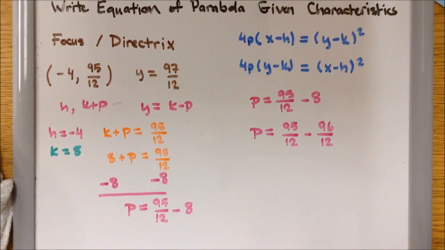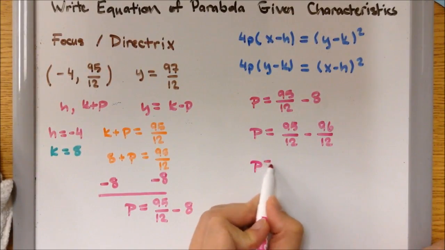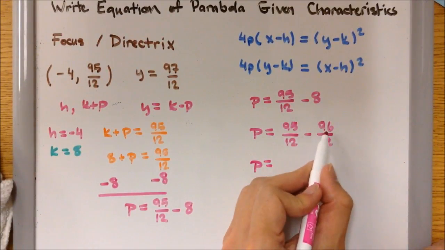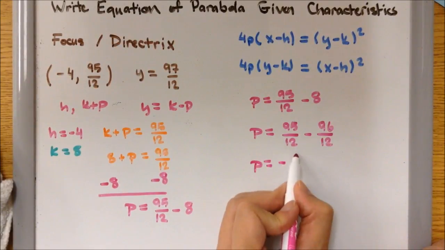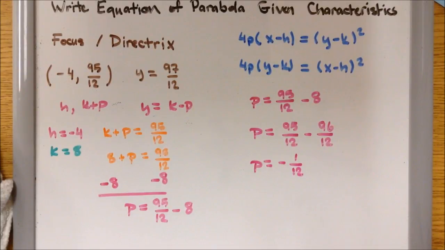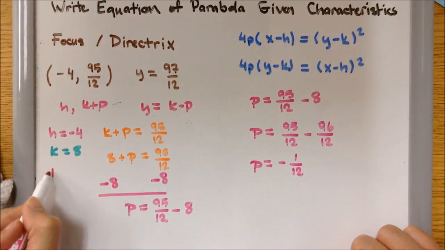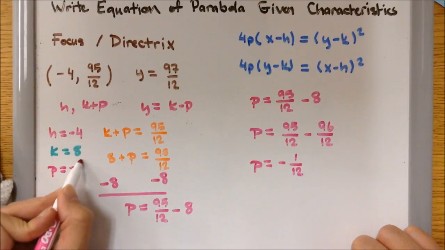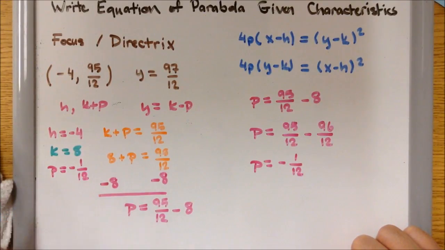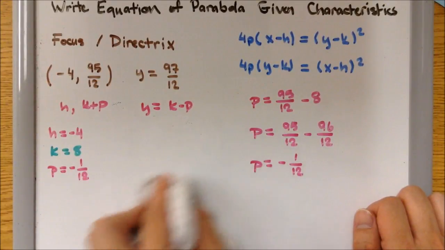And then we're going to simplify that. So p will equal 95 over 12 minus 96 over 12, which will become negative 1 over 12. Alright, so we got our p value. I'm going to write it over here. P equals negative 1 over 12. Alright, next, I'm going to erase to make room for writing out our equation of the parabola.